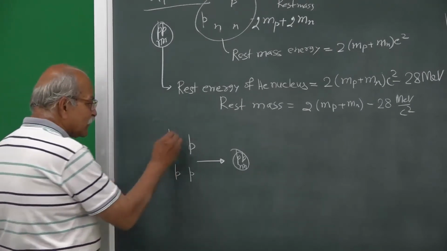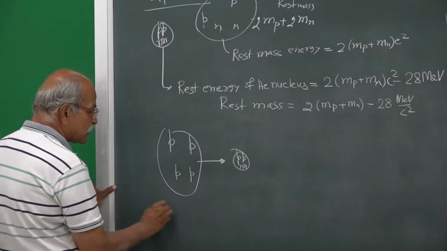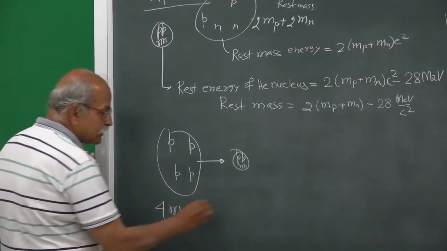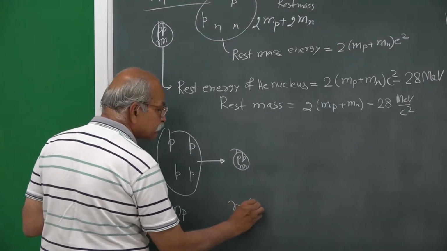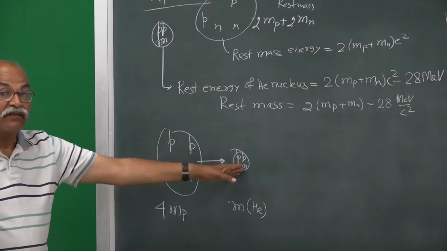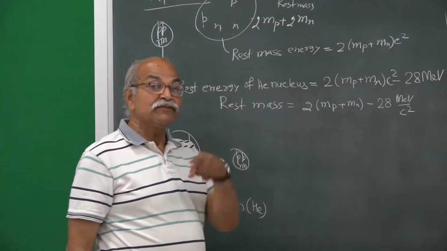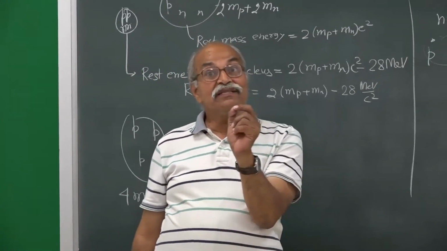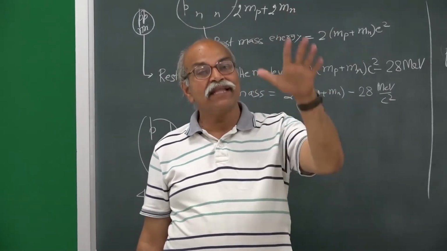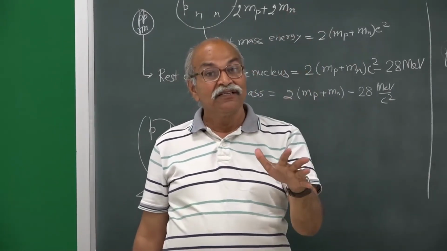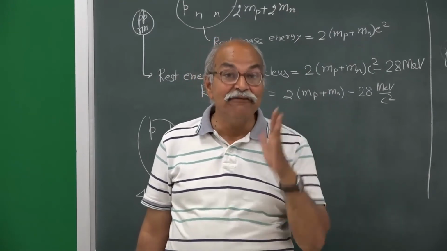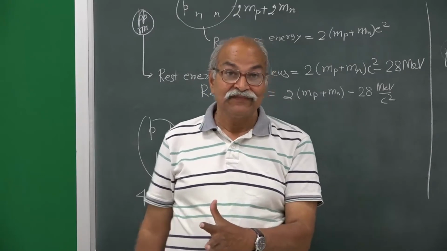Remember, if a proton becomes a neutron, the rest mass increases, because the rest mass of a neutron is slightly more than that of a proton. Neutron is slightly heavier than proton.